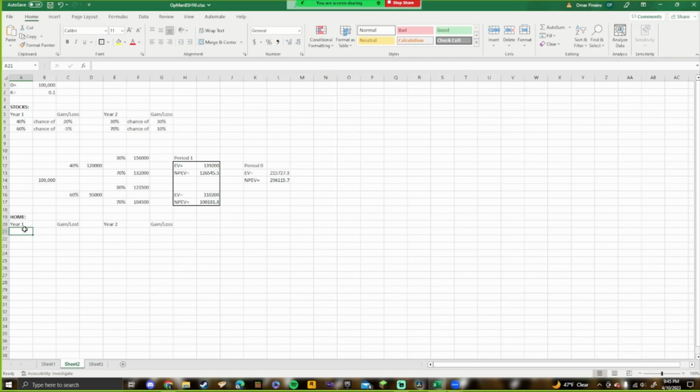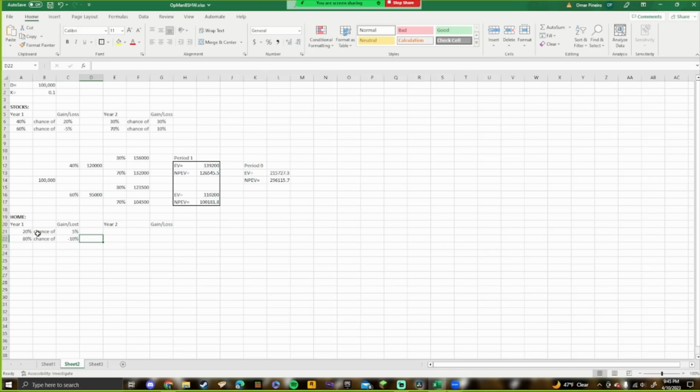Now, year 1, for the home option, it says that your value will go up by 5% by the chance of 20%. So that is a 20% chance of a 5% gain. And then you have an 80% chance of it going down by 10%. Down by 10%.